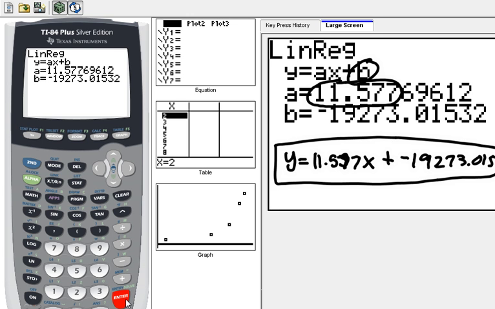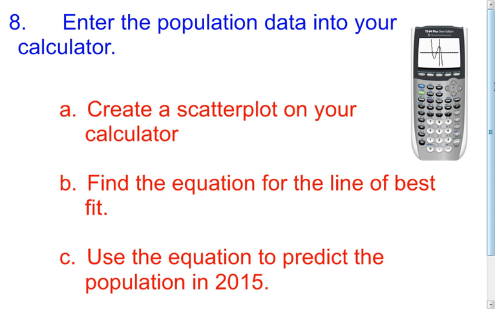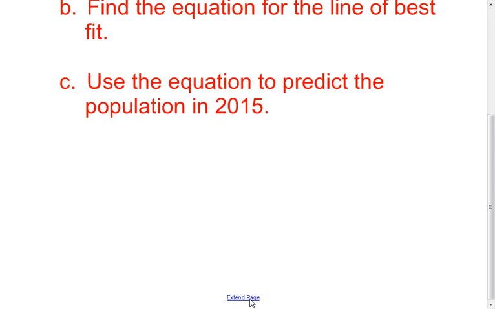Then it says use the equation to predict the population in the year 2015, and this part you'll now do by hand. If I use this to predict it in 2015, my equation was something like this, which I'm copying from my calculator screen, plugging my value in for A in front of the X, and my B in as well, and it looks like that.